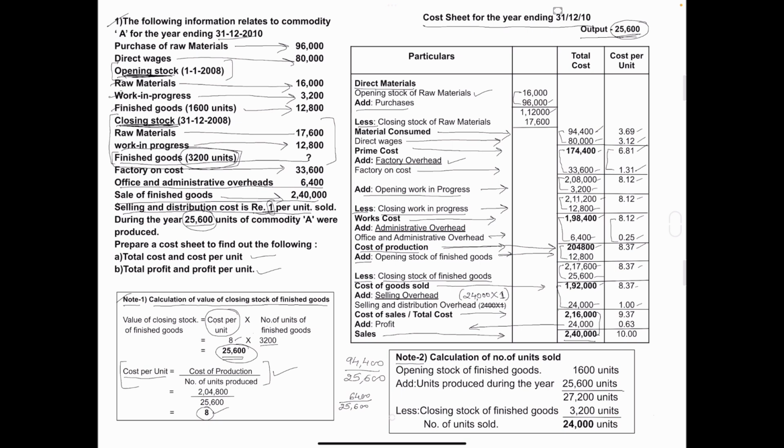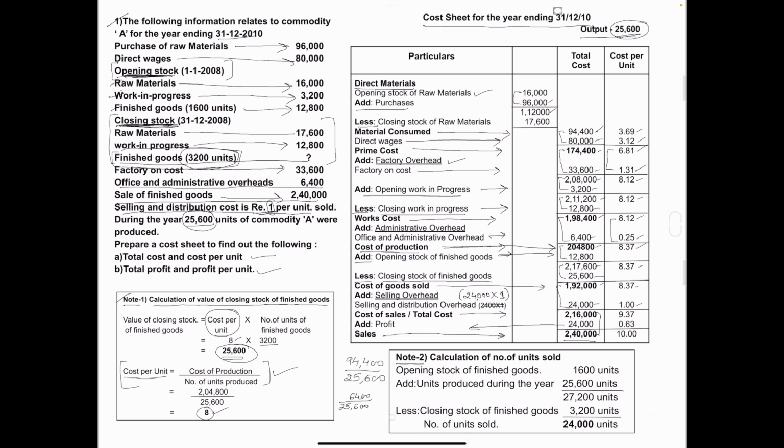For cost per unit, total amount, sales amount is 2,40,000, it should be divided by 24,000 and not 25,600. 25,600 is the output, number of units produced. But for sales we have to divide it by number of units sold, which is 24,000.